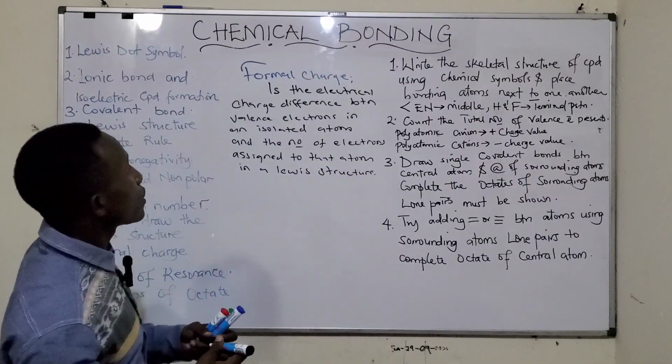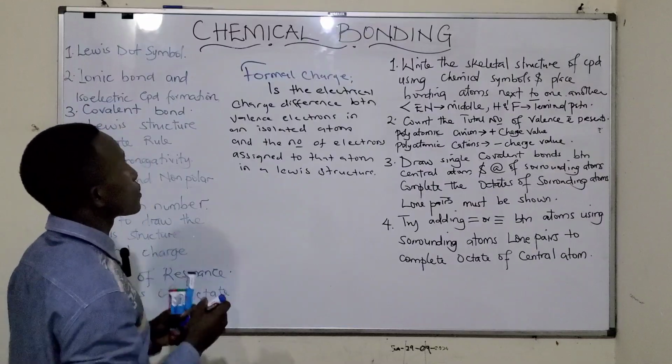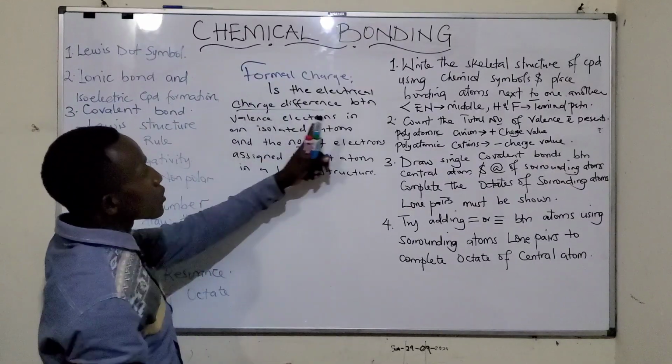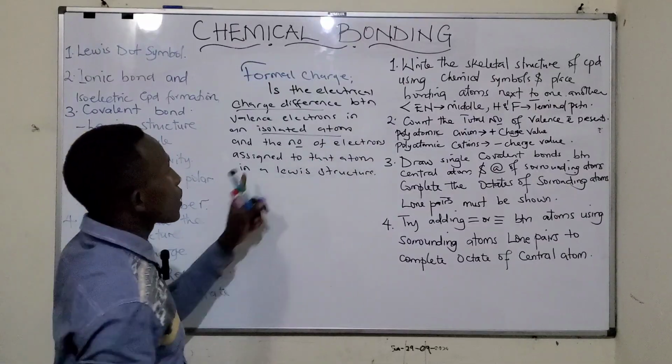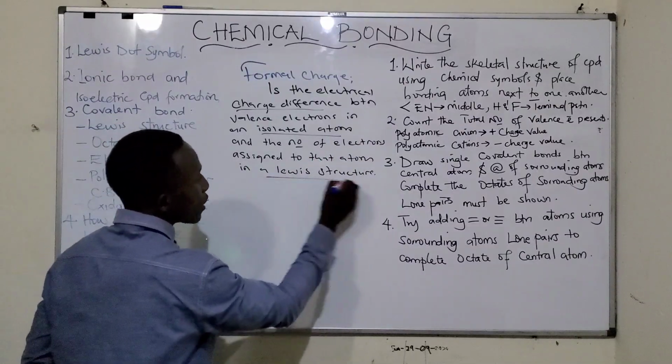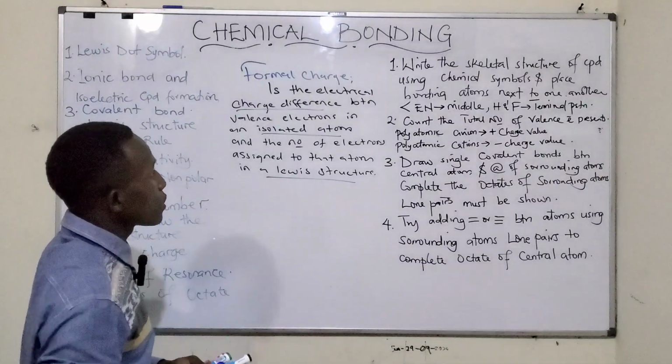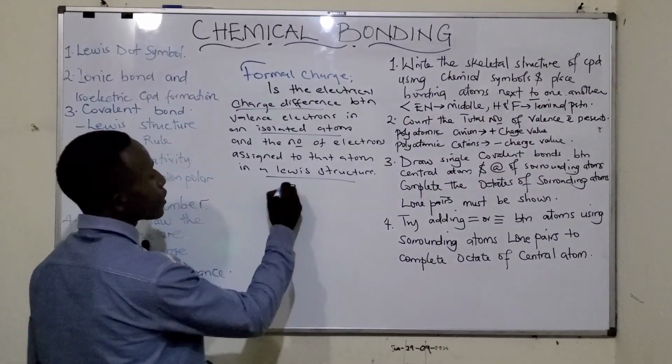So it's the charge difference between the valence electrons in an isolated atom and the number of electrons assigned to that atom in a Lewis structure. Example, we have examples.